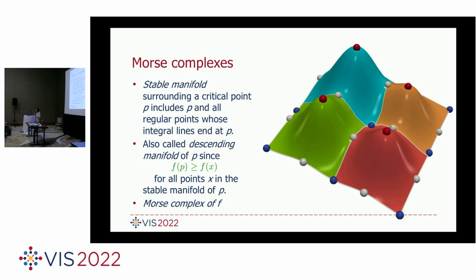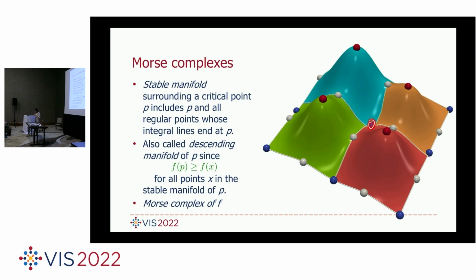Another way of thinking about this stable manifold is the local maximum and all the points whose gradient flows to those local maxima. Sometimes it's also called a descending manifold because the local maximum has a function value bigger than everybody else in this particular cell. And if I decompose the domain of my function based on this gradient behavior, this is called the Morse complex.